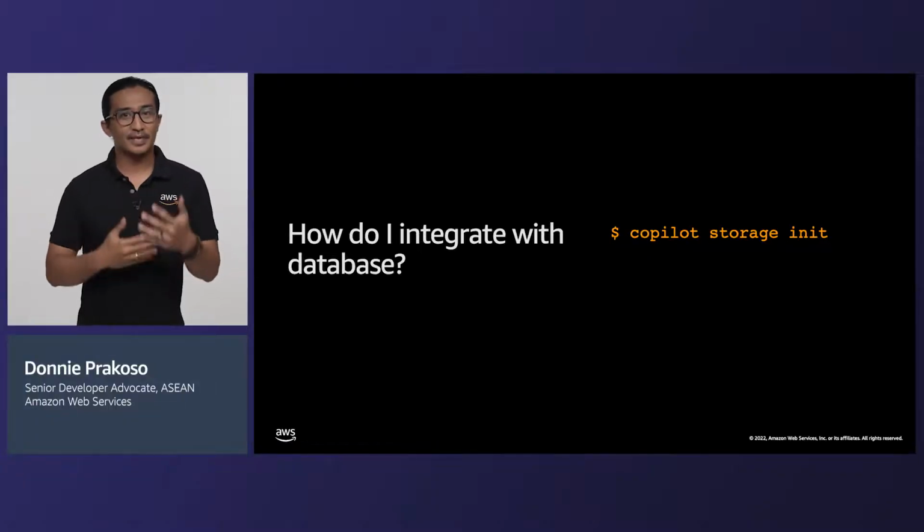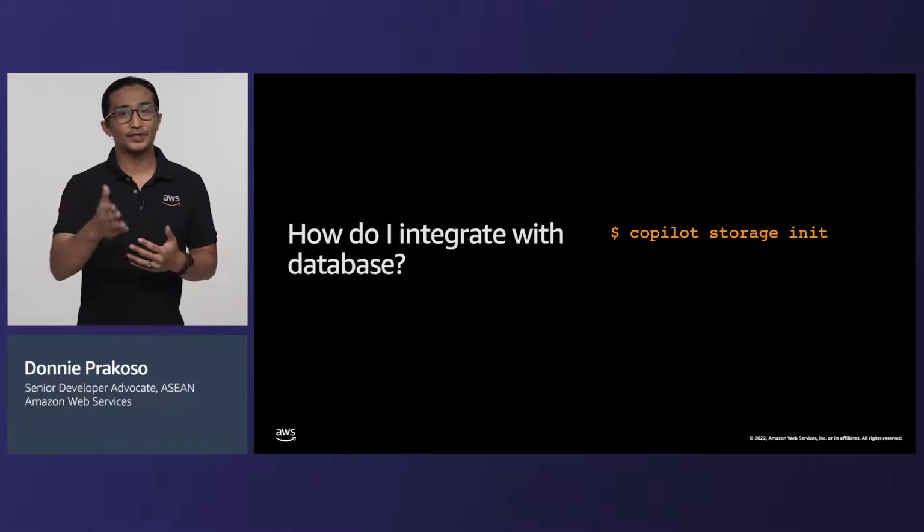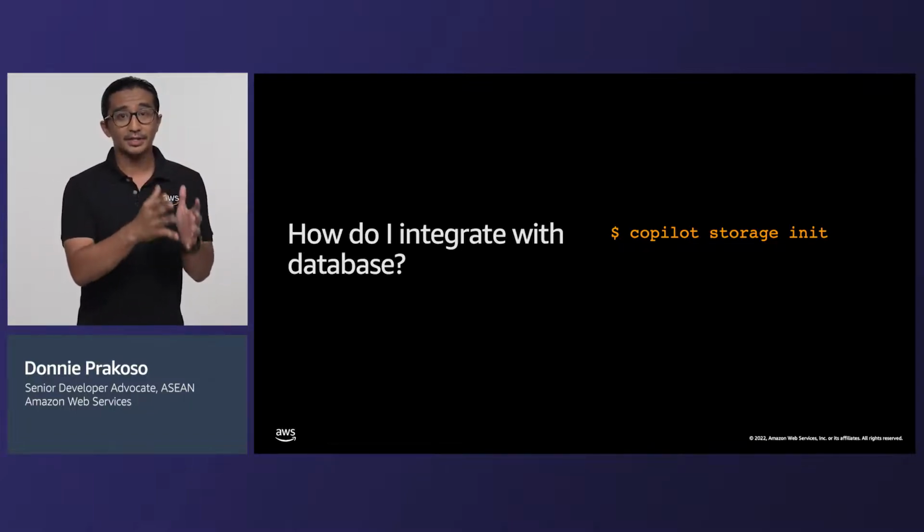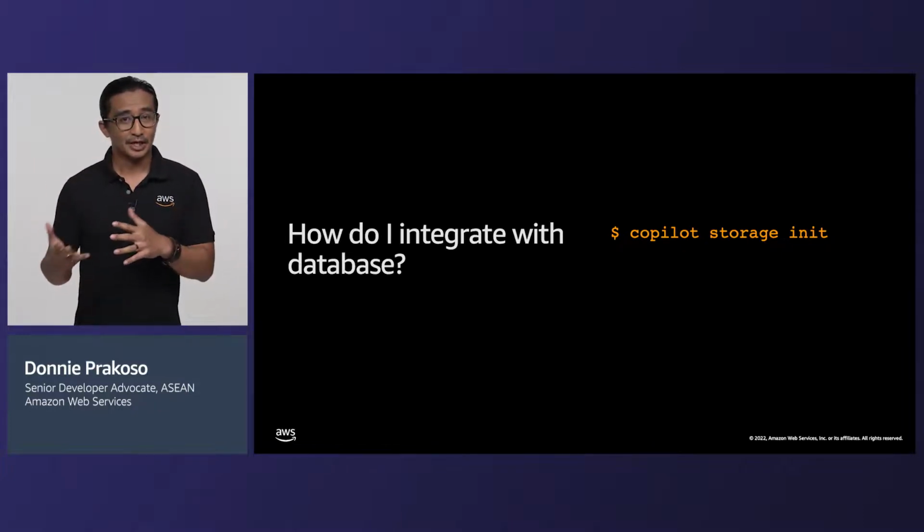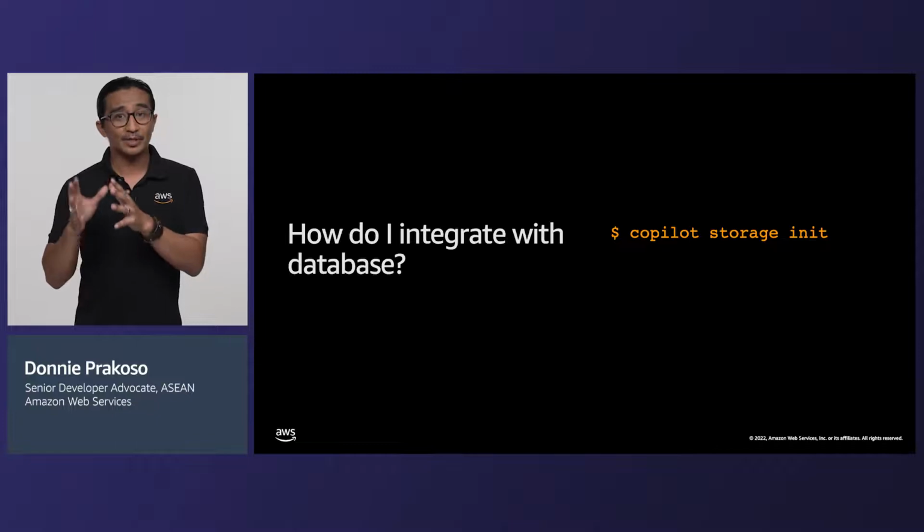As you develop your applications, you will certainly add new features. And most of the time, new features also require integration with specific AWS services. So how can we do that? You can use the Copilot Storage Init command to help you integrate with Amazon S3, Amazon Aurora, and Amazon DynamoDB.